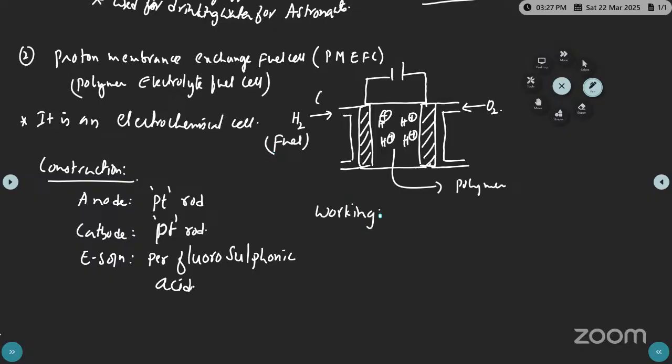Okay, then the working of this cell, the proton membrane exchange fuel cell.